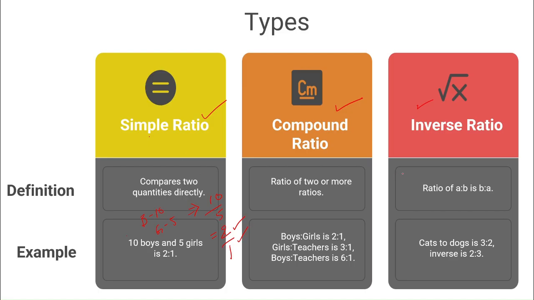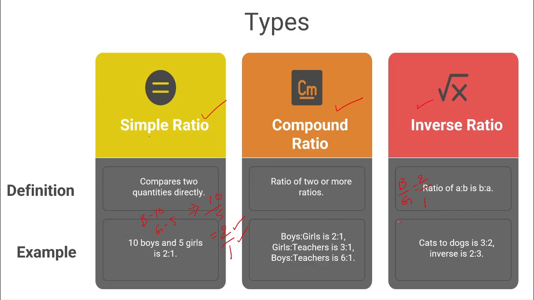Again, if you do the same thing in a reverse way, let's say I found the boys versus girls ratio as 2 by 1. If I want to find the girls versus boys ratio in the same class, I don't need to do all these calculations again.